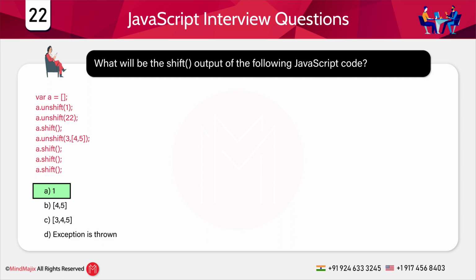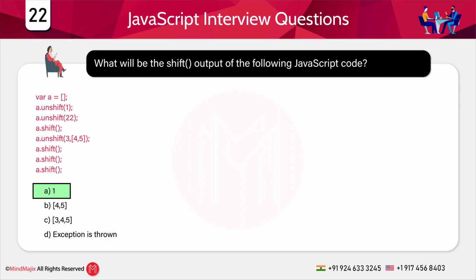So it deletes the elements and remains only 1. First of all, it adds 1. After that, it adds 22 at the beginning. So 22 and 1 are the values of the array. After shift, the first element gets deleted, so the element is only 1.